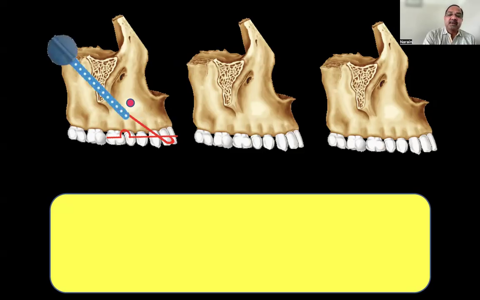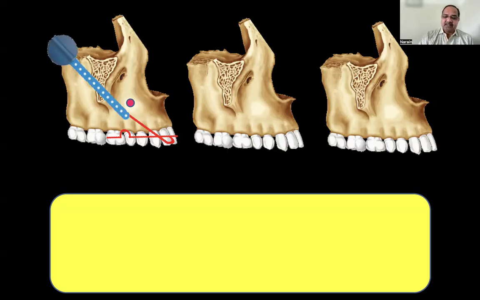And now you're having your outer bow placed above the occlusal plane. So, all these pictures are relating to placing the outer bow above, at, and below the occlusal plane. That means to say, in all the situations, the force vector is traveling below the center of resistance of the maxilla. That means always it's going to be a clockwise movement.